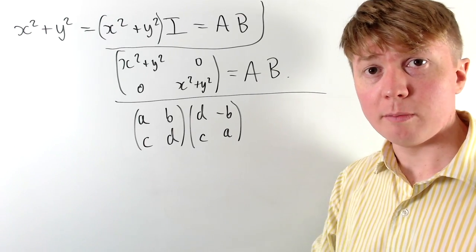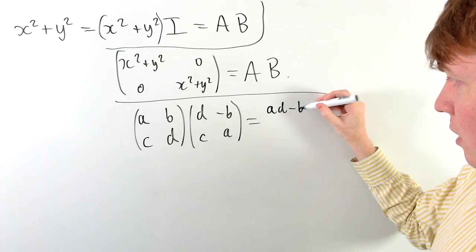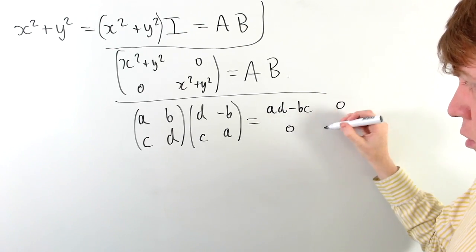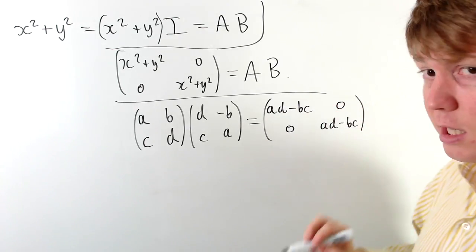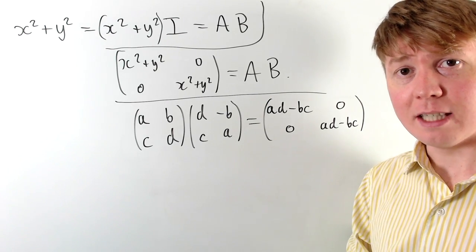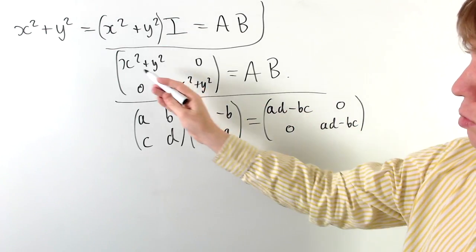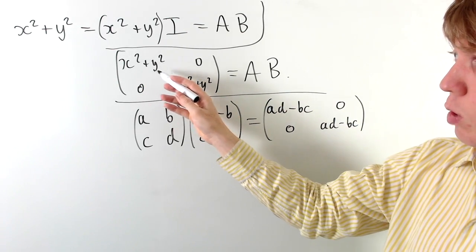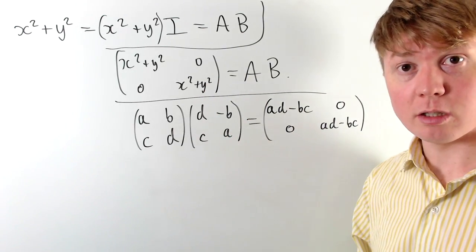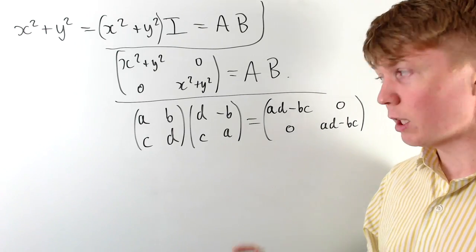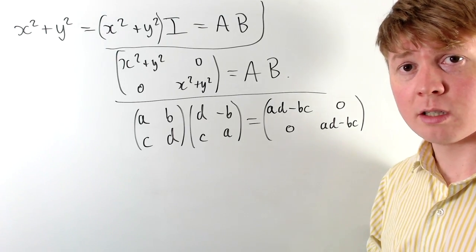But if we don't divide by the determinant, then the matrix that we would get will be of the form AD minus BC, 0, 0, and AD minus BC. So it's AD minus BC times the 2 by 2 identity matrix. This structure is actually quite useful, because you can see that it matches up with what we're trying to achieve. We want x squared plus y squared times the identity matrix, and using this insight from knowing how to invert a 2 by 2 matrix, we can get something of this form, AD minus BC times the identity matrix.